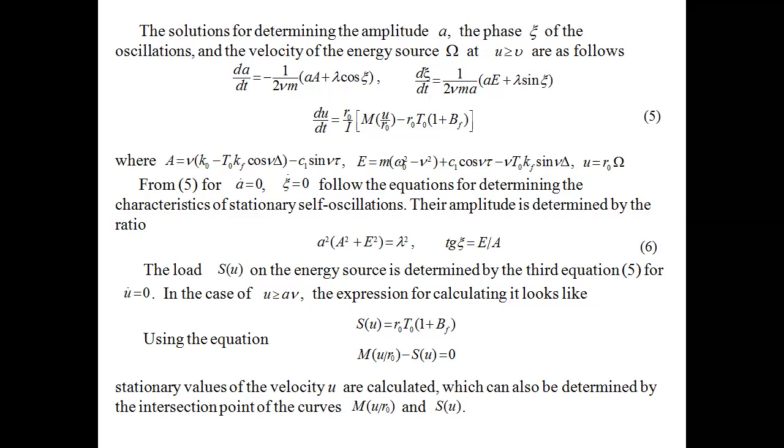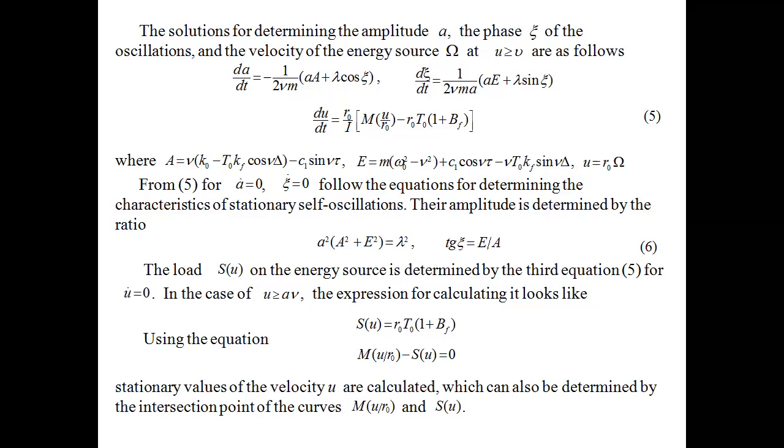From 5, for the time derivative of A equal to 0 and the time derivative of ζ equal to 0, follow the equations for determining the characteristics of stationary self-oscillations. Their amplitude is determined by the next ratio, 6. The load S on the energy source is determined by the third equation in 5, for the time derivative of u equal to 0.